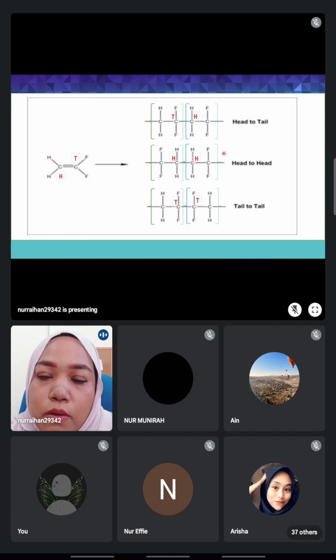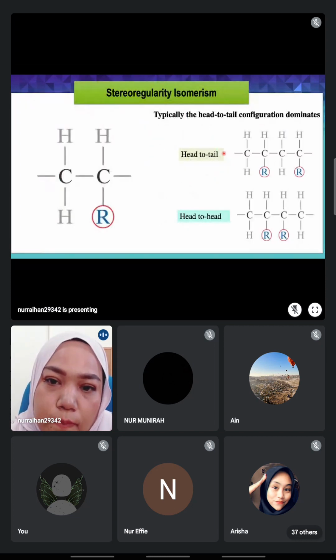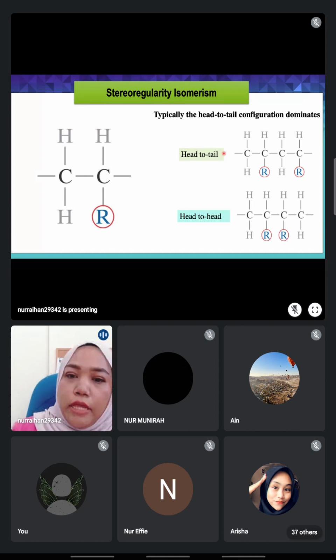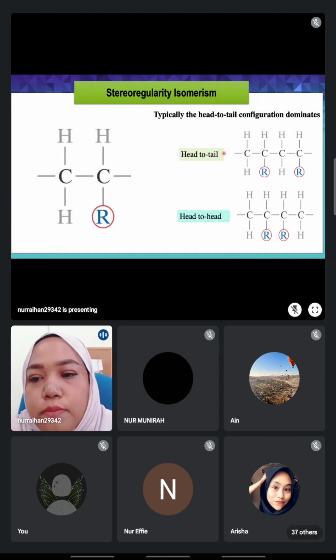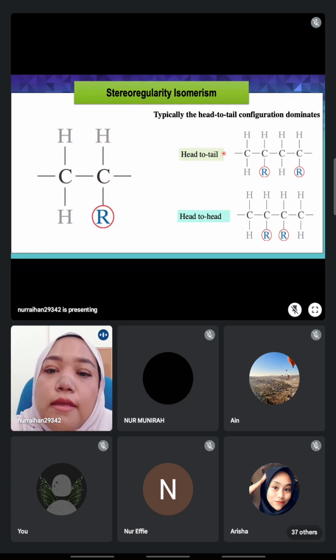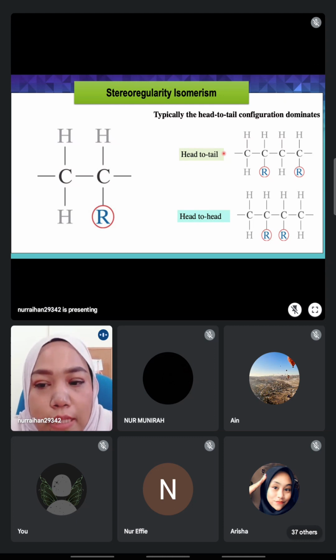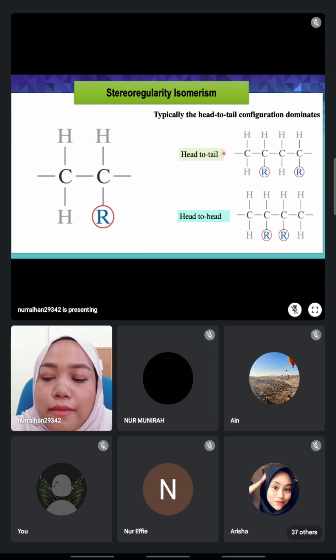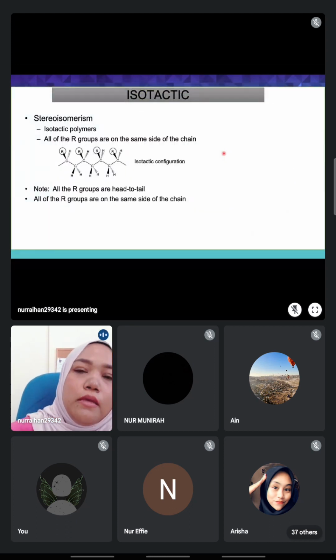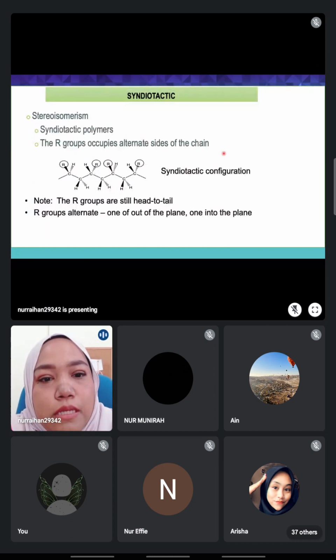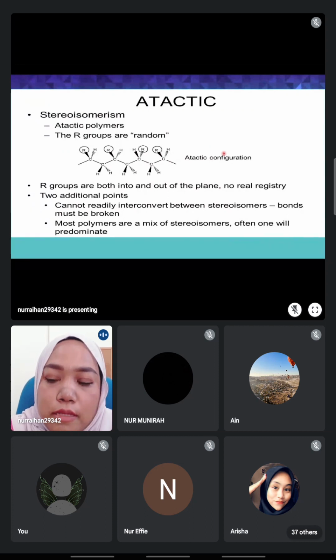Dia punya arrangement akan berlaku secara random. Okay, so head to tail will give either the iso and also the syndio. Meanwhile, head to head possibly give the atactic. And if there is a combination between head to head, or to tail dalam satu polymer chain, it will give the atactic polymer. Okay, so saya skip yang iso, syndio dan juga atactic sebab saya tahu awak dah tahu dah benda ni. Okay, awak dah familiar.